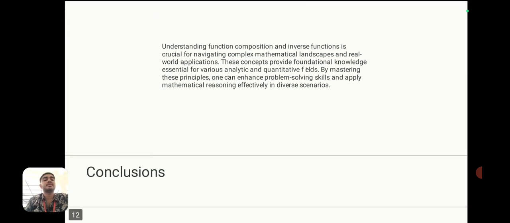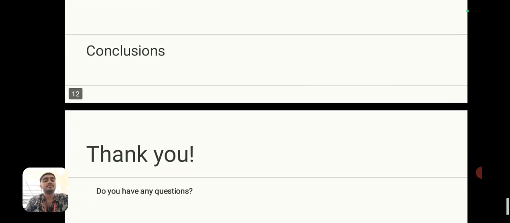Understanding function composition and inverse functions is crucial for navigating complex mathematical landscapes. These concepts provide functional knowledge essential for various analytic and quantitative fields. By mastering these principles, one can enhance problem-solving skills and apply mathematical reasoning effectively in diverse scenarios.